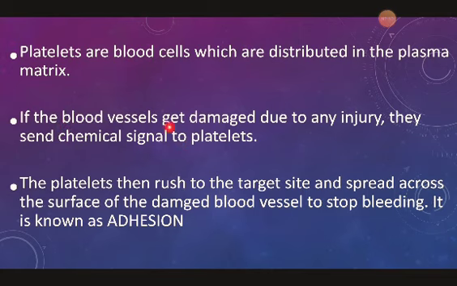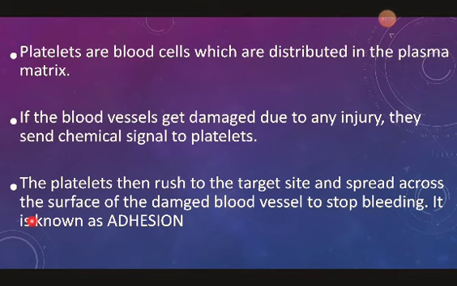If the blood vessels get damaged due to any injury, they send a chemical signal to the platelets. Then the platelets rush to the target site and spread across the surface of the damaged blood vessel to stop bleeding. They spread across like a blanket.